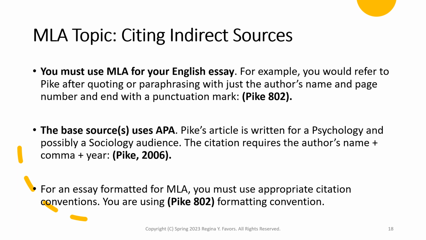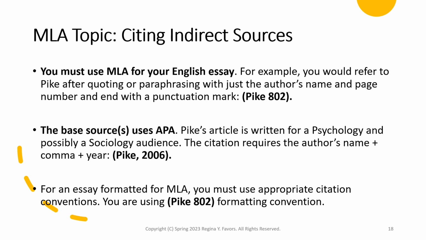You have to make sure that you know how to cite indirect sources, because you don't know the direct research information based upon that long list of citations you see in the Pike source, but you still have to represent the accuracy of those sources.